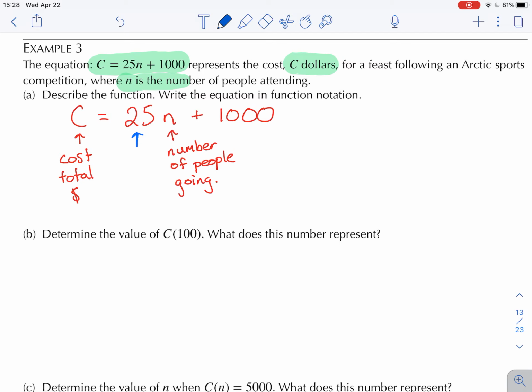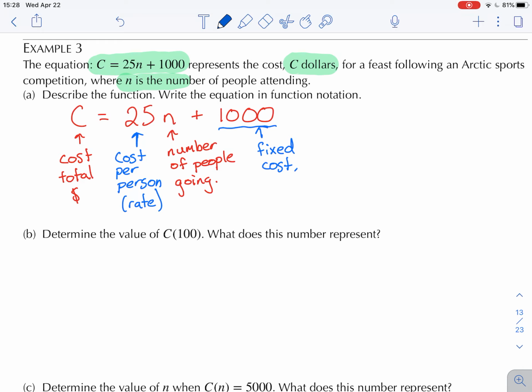Then 25 is the cost per person. Every time a new person comes, we have to add on $25. So this is the cost per person, or the rate. And the 1,000 is the fixed cost.